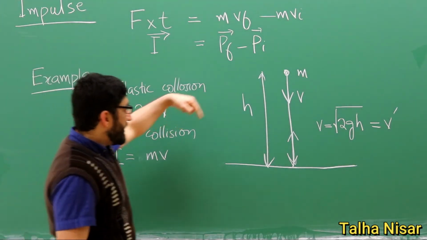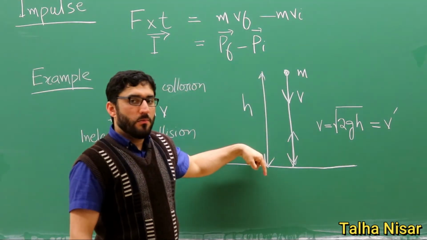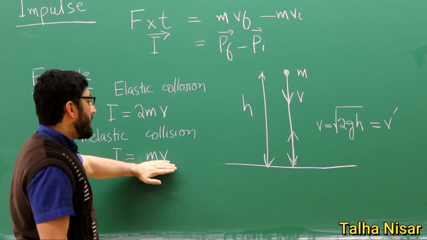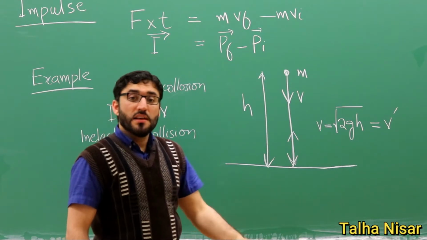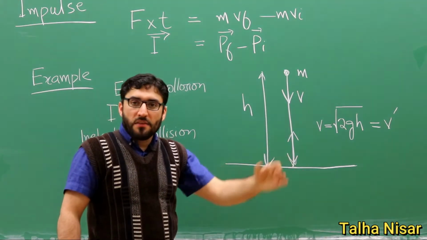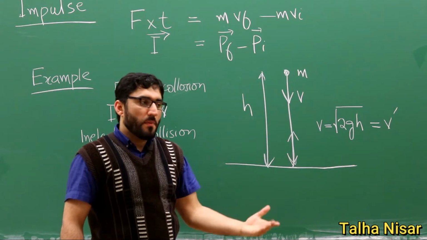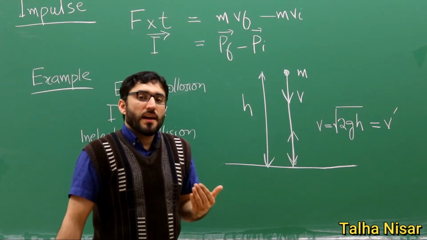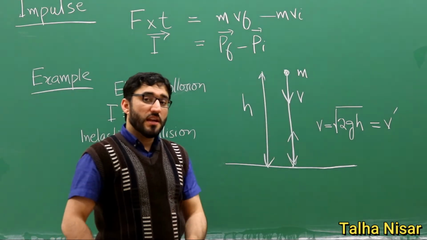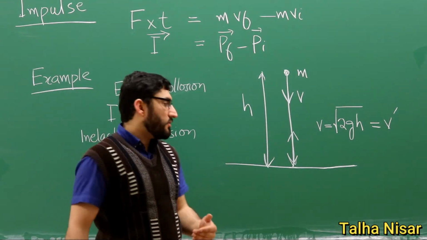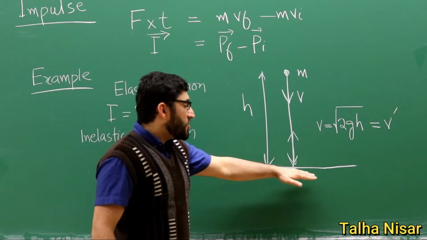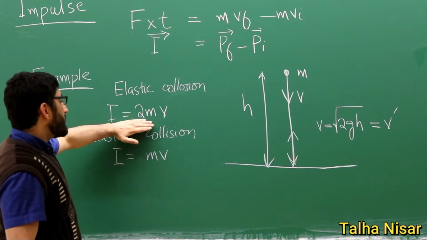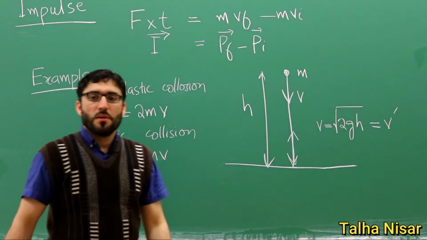Because initially the mass has some velocity and so some momentum, but after the collision, for example if we drop an egg or a tomato on the floor, these things will not come back. It will lose its velocity or kinetic energy, and it will be converted to some other forms of energy. That means the change in the momentum, or the impulse, will be mv. In the case of the elastic collision, we have 2mv.